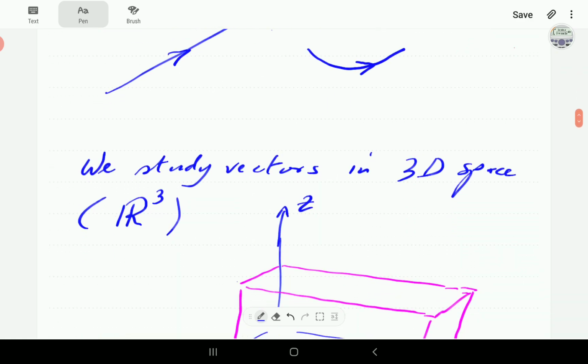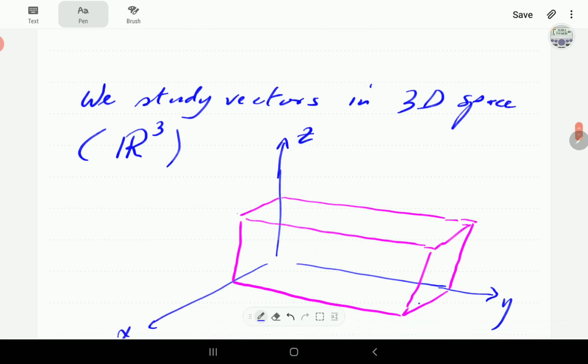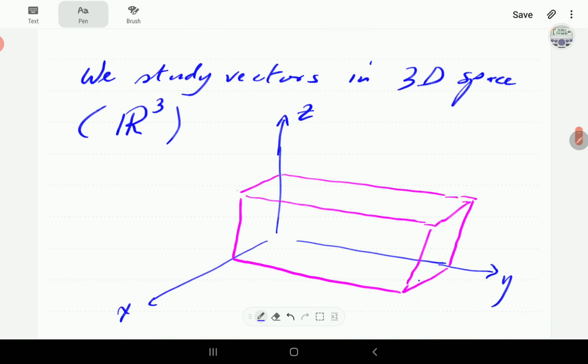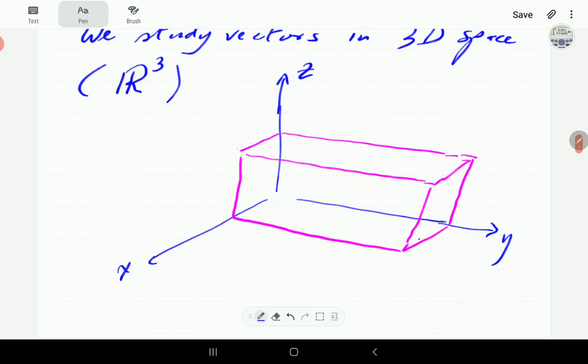Okay, so our study is basically going to be in 3D space, which is called R3. If you look at this diagram, this is the x-axis, that's the y-axis, that's the z-axis.